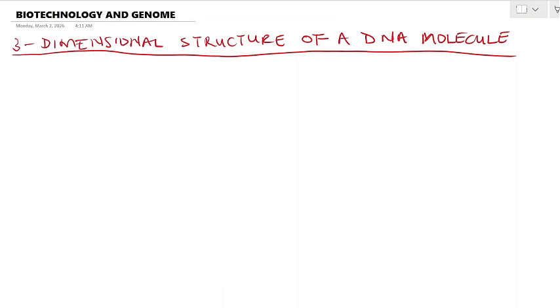Alright, so the three-dimensional structure of a DNA molecule actually consists of two long helical strands that are coiled around a common axis, forming a double helix. So you have the three-dimensional structure forming a double helix like this. Let me do this in maybe blue.